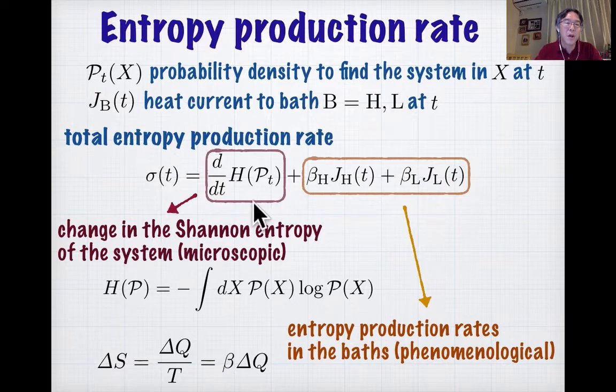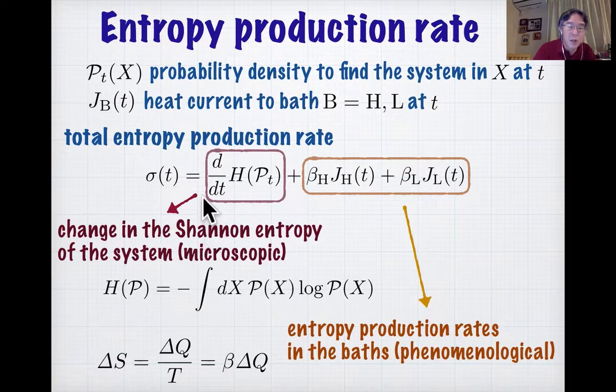What is this? Well, first of all, this part, H, is the Shannon entropy for this probability density. So this one is simply the change of the Shannon entropy. Shannon entropy is defined in this way, so it's a very microscopic quantity. P of x describes the engine from a very microscopic point of view, and so this characterizes the system from the microscopic side.